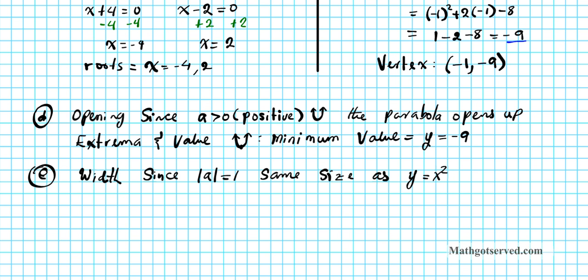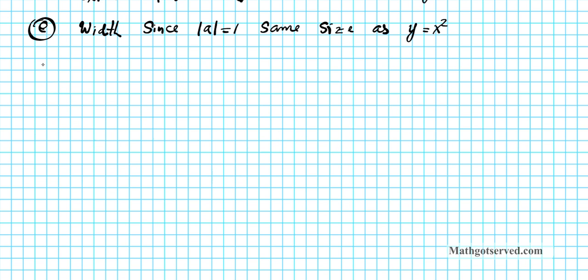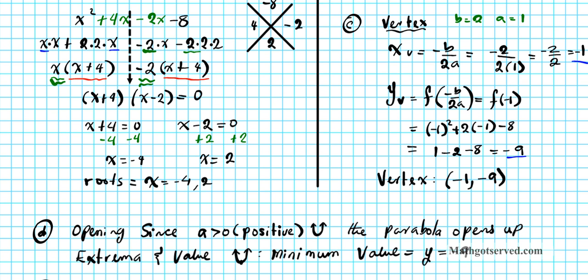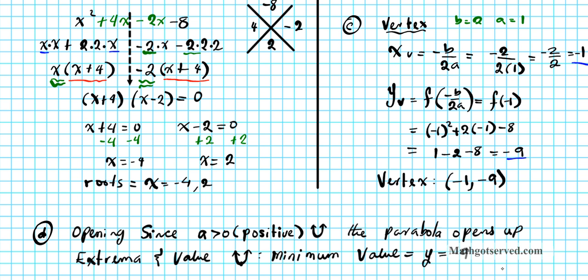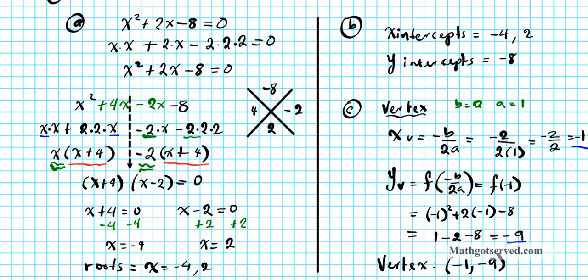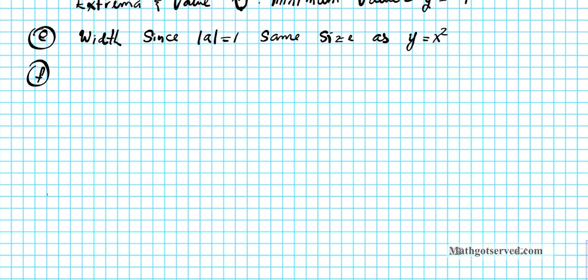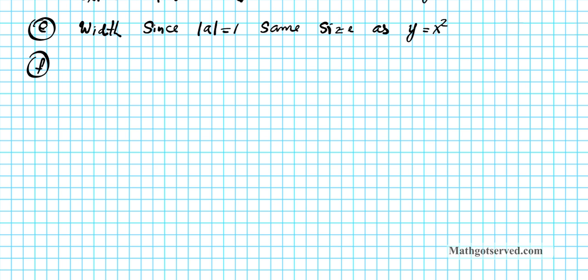Alright, let's go ahead and graph the function using all this information that we have. Okay? So let's look at our intercept. Now the y-intercept is negative 8 and our vertex is negative 1, negative 9. Alright, so we have to make it sufficiently low so that we can compensate for that. So let's draw our y-axis, and then make our x-axis a little bit higher.